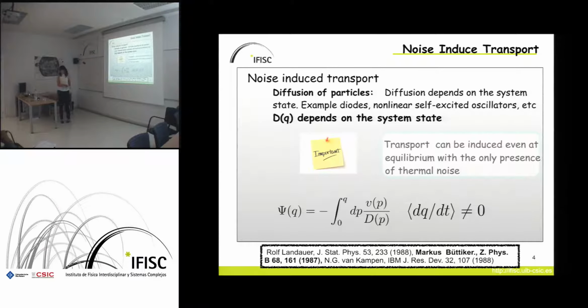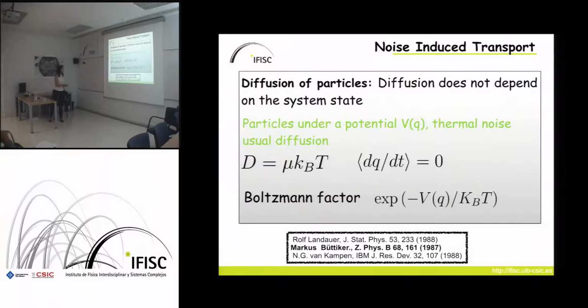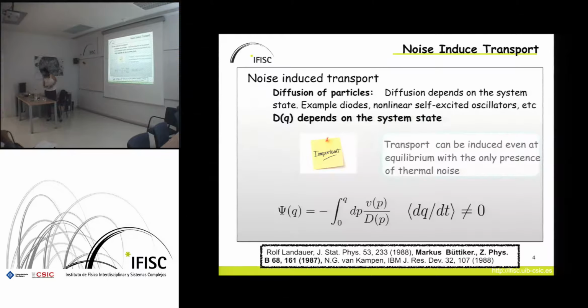So the previous Boltzmann factor is now replaced by an exponential of this new function that depends on the noise or the feedback of the system. This was also studied in these works.